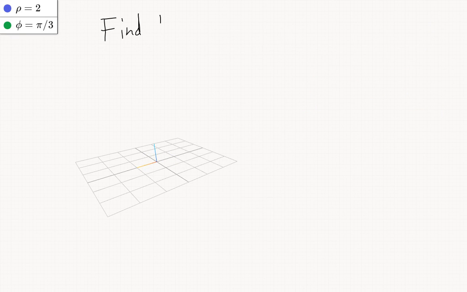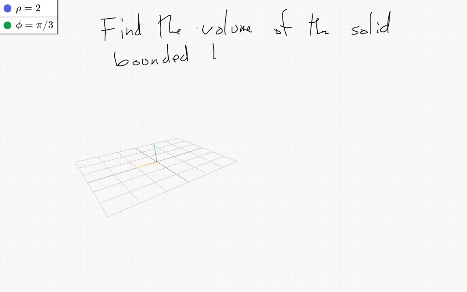Lastly, let's find the volume of the solid which is bounded below by the xy plane.